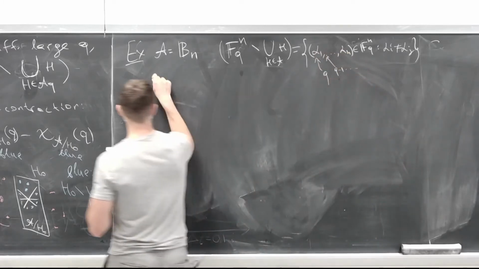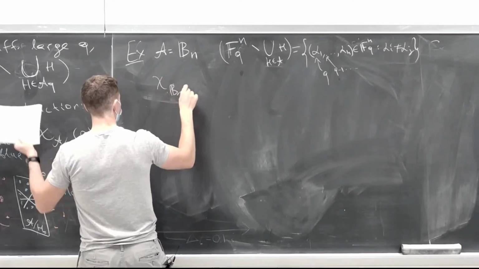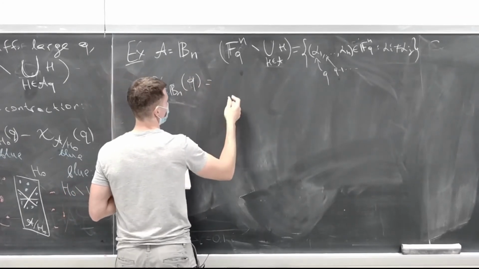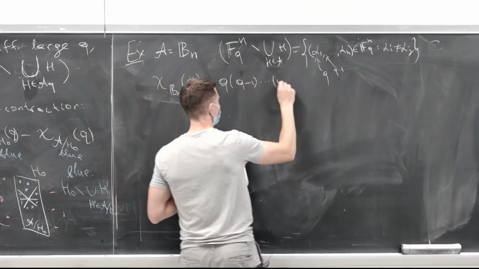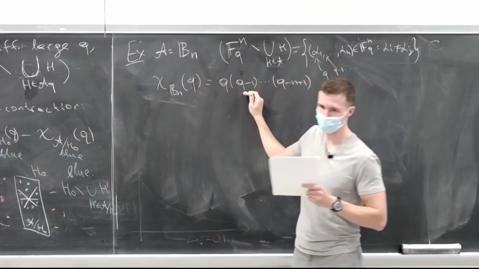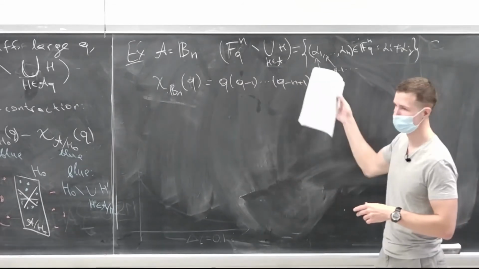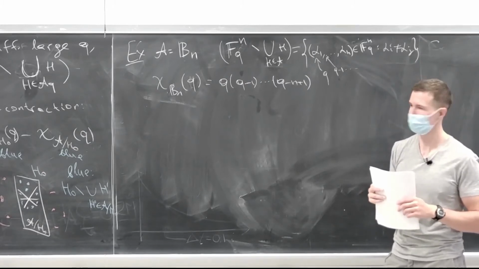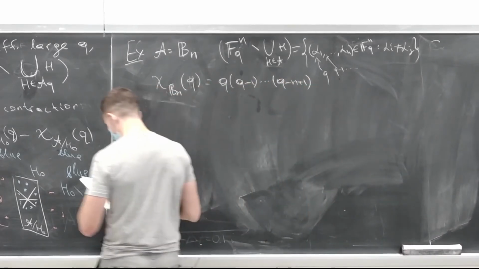So the characteristic polynomial of the braid arrangement, according to this theorem, is q times q minus 1, and so on, down to q minus n plus 1. You get the same result, and the reasoning is the same as for chromatic polynomials of graphs, where q represents the number of colors.